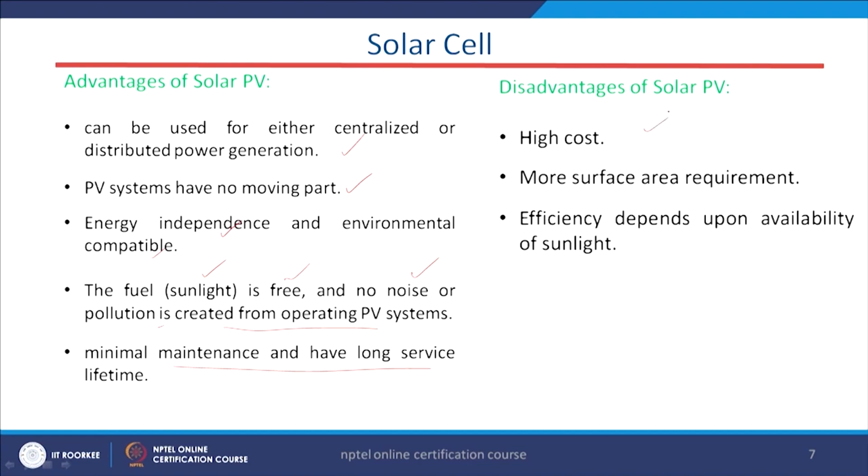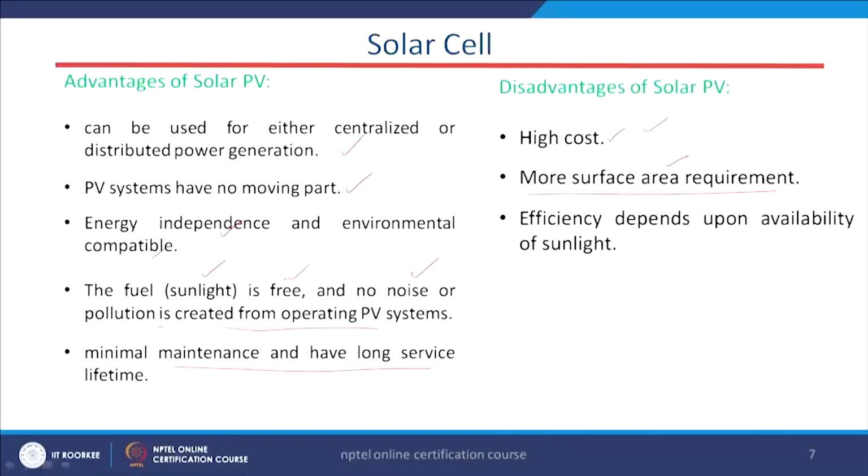Now, we are coming to the disadvantages of the solar system. The first one is that the installation cost of the solar system is high. The second one is that it has a larger surface area requirement. If you look near an aerodrome field or near commercial or industrial buildings, a large number of solar cells are installed at the rooftop, or a certain area is occupied by solar panels.